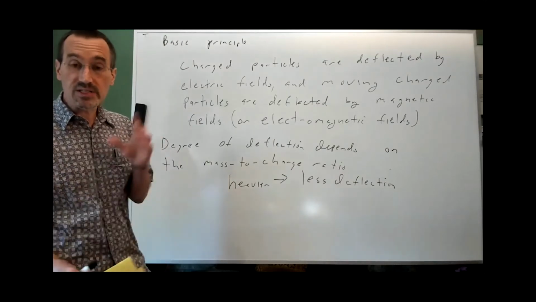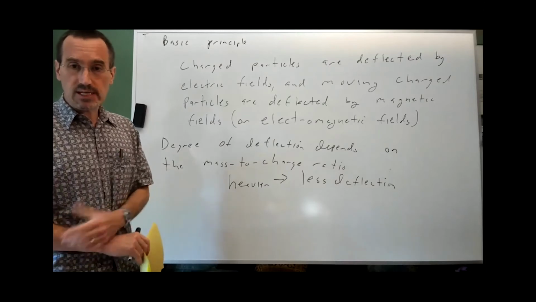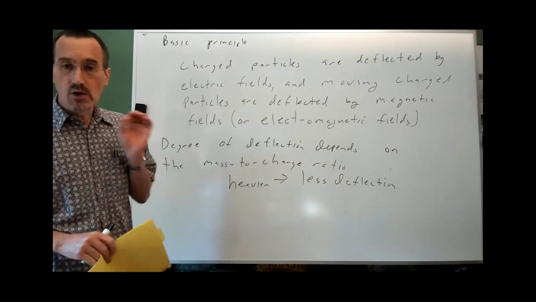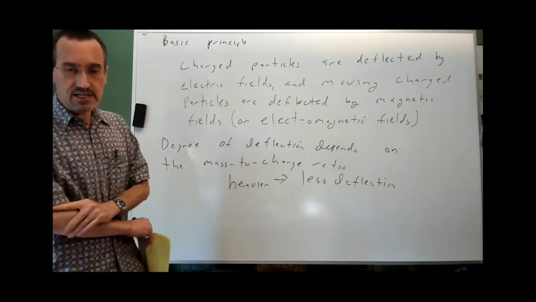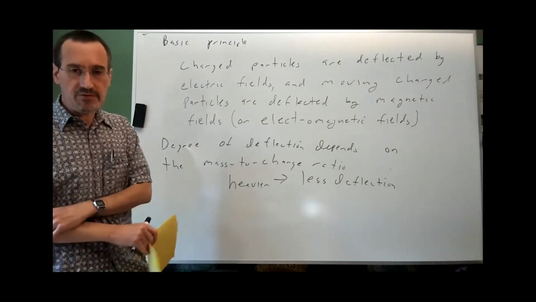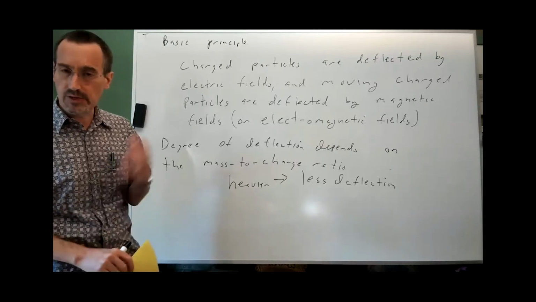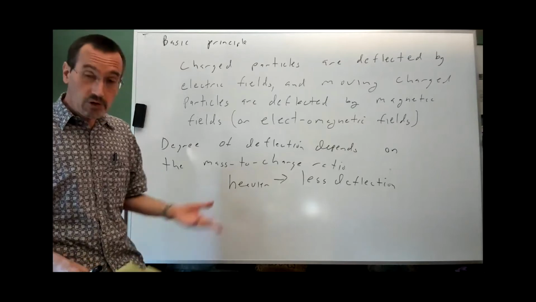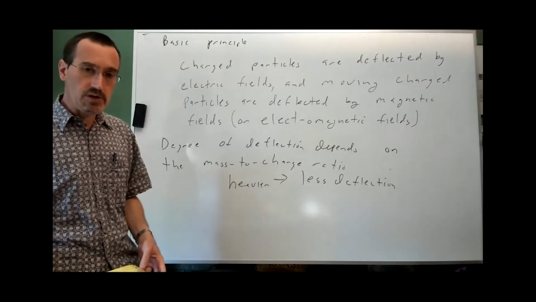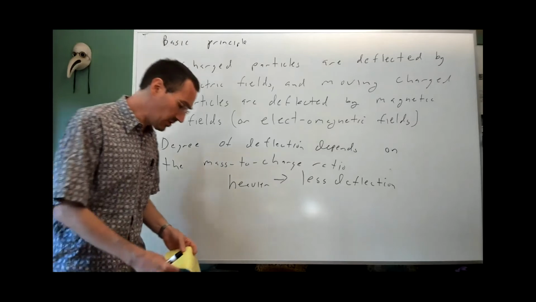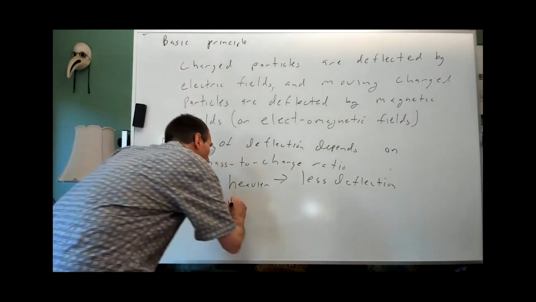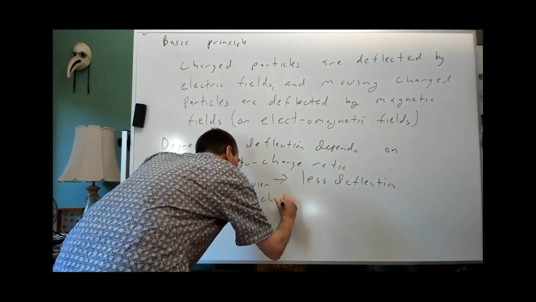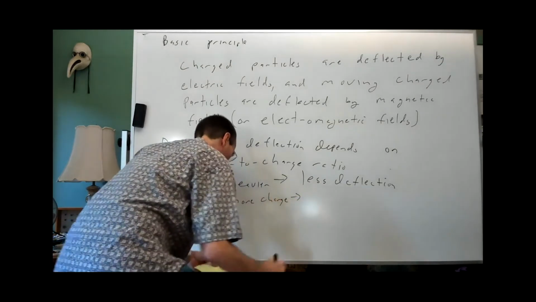So in other words, if you're dealing with a protein that's 30 kilodaltons and you have one charge on it, what's needed to detect that is going to be very different than if you're dealing with a small molecule that has a molecular weight of 300. Fortunately, for something like a large protein, you're usually going to have multiple charges on it. And so, in turn, more charge leads to more deflection.